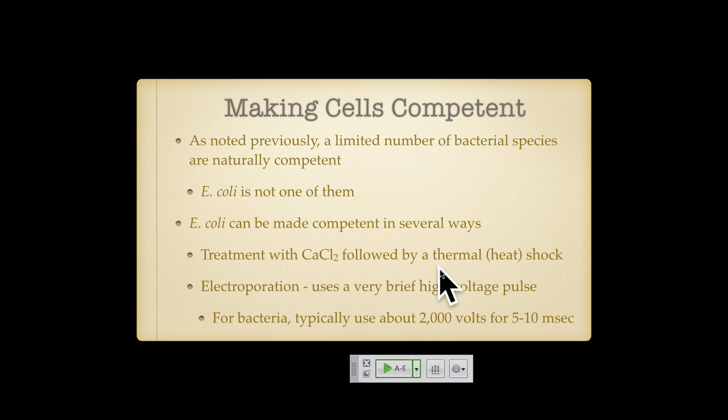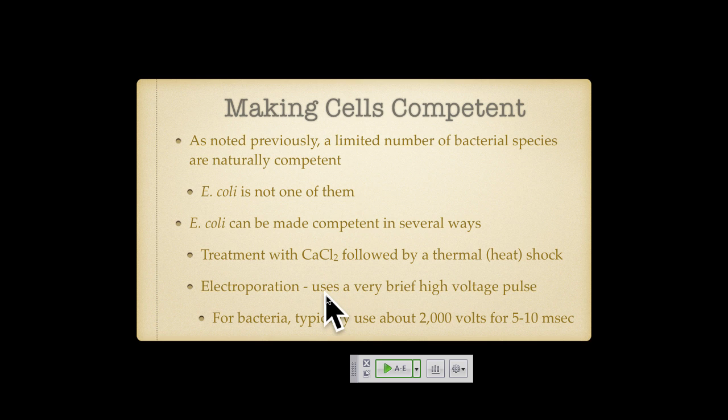A very inexpensive and reasonably efficient method is simply soaking the cells in calcium chloride. And in a way in which I don't think the biophysics is still completely understood, this high concentration of calcium does something to the cell wall and the cell membrane, and that, along with a little heat shock at an elevated temperature, facilitates getting the DNA into the cells.